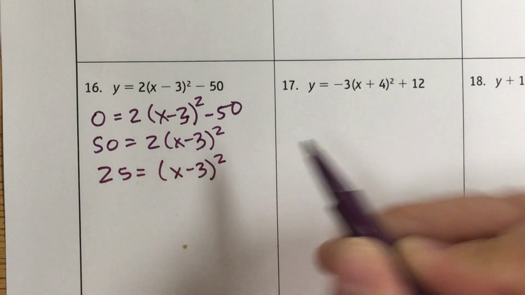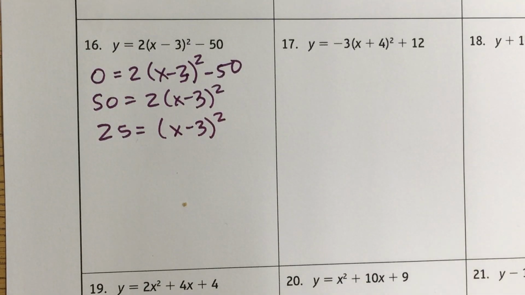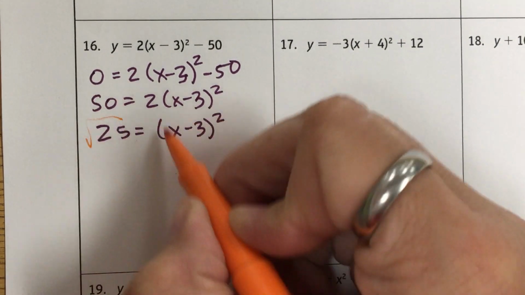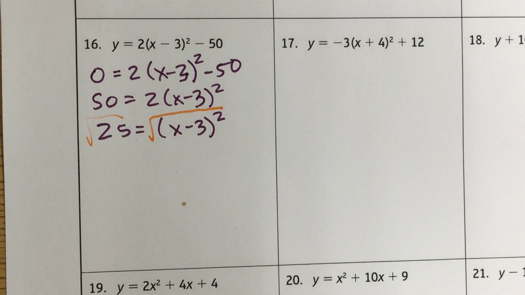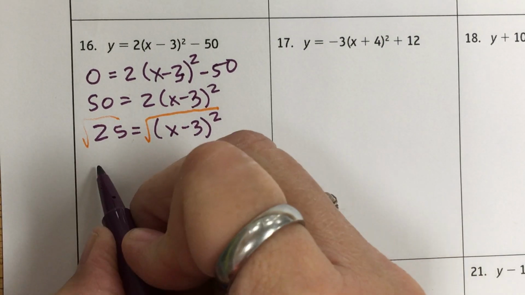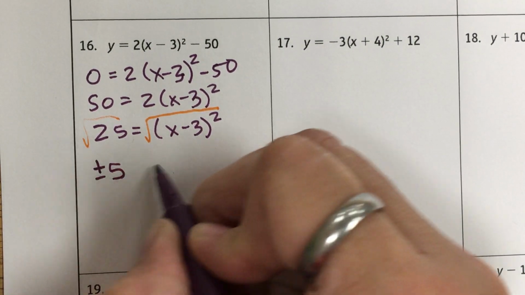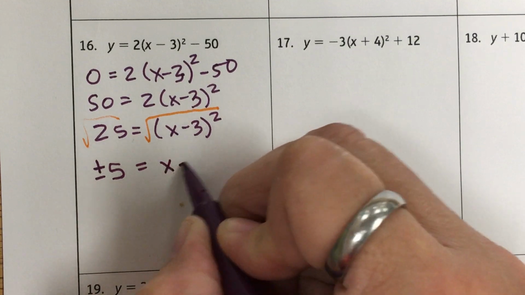It's a little more work than the part above, but that's okay. I take the square root of both sides of the equal sign. And when I do that, I don't just get the positive 5, but I also get the negative 5. So I'm going to write plus or minus 5 equals x minus 3.